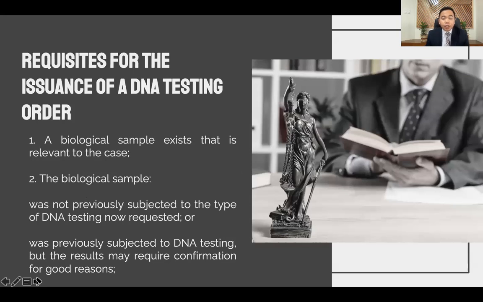Now, what are the requisites for issuance of a DNA testing order? Number one, a biological sample exists that is relevant to the case. This is the very first requirement.